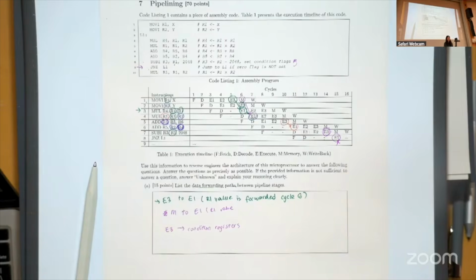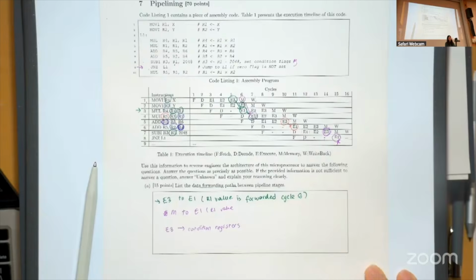Is there any questions? Yes. In this particular question, I guess we assume that the data forwarding path is from the previous cycle to the next one, but it should be clear from the question what we should assume.